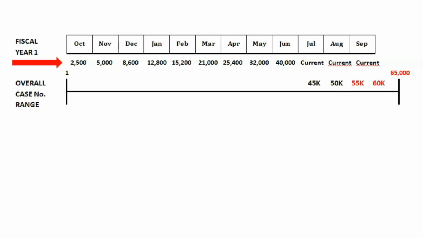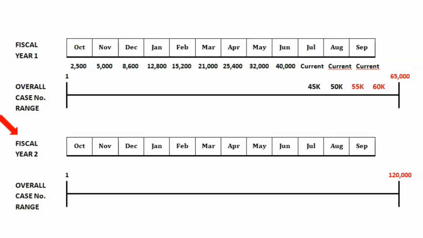Now, let me introduce a second scenario. Those who have watched the previous video are aware of that scenario as well. This time is another fiscal year in the same region where the overall case number range was previously set at 65,000, but this time it has been extended to 120,000.